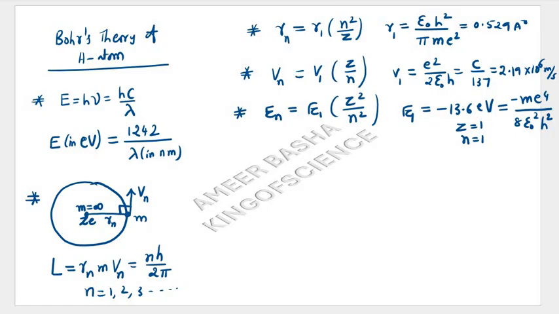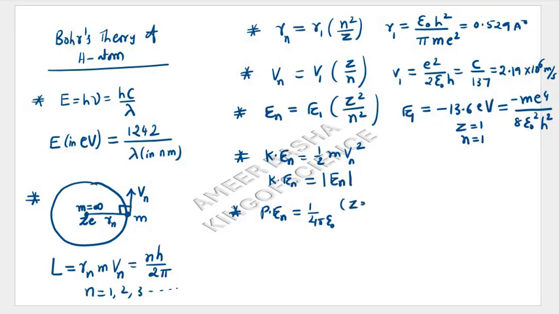If you want the kinetic energy, it is simply half m v square. After simplification, the kinetic energy is positive and its magnitude is the same as the magnitude of the total energy. If I talk about the potential energy in the nth orbit, it is 1 by 4 pi epsilon naught times the product of the charges of nucleus and electron divided by the separation between them.